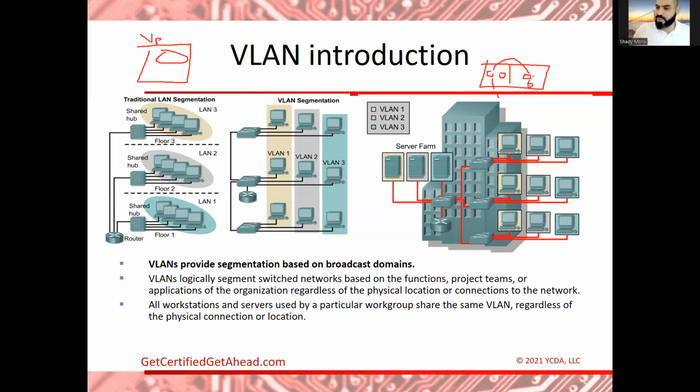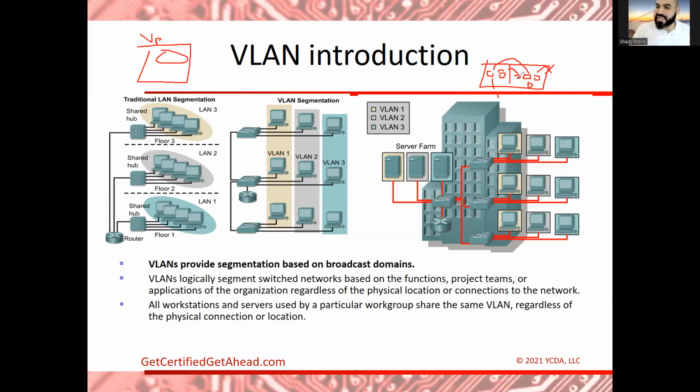Because this is a switch. The switch keeps something called a MAC address table, and it will forward the traffic to any other port. You can talk to another port over here, port number 7. In a normal scenario, you can talk to any port. If you send a broadcast, it will reach every single port in the switch.